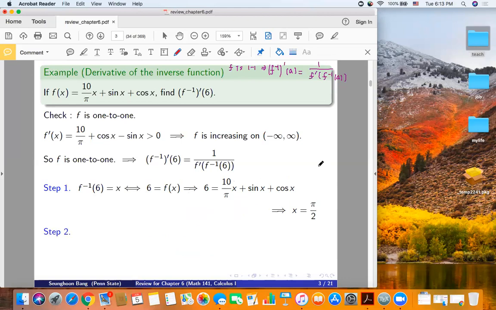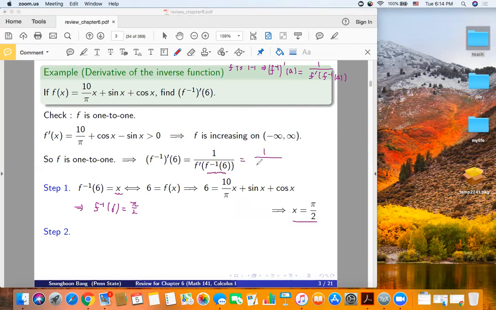Next, step 2. The x equals pi over 2. What does it mean? In this case, inverse f of 6 equals pi over 2. You plug into here, so we have 1 over f prime of pi over 2.